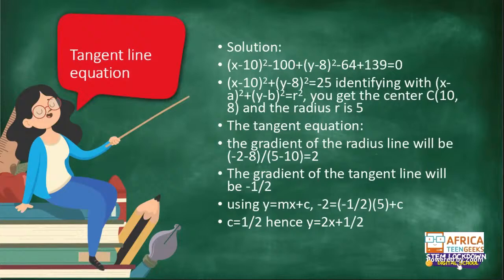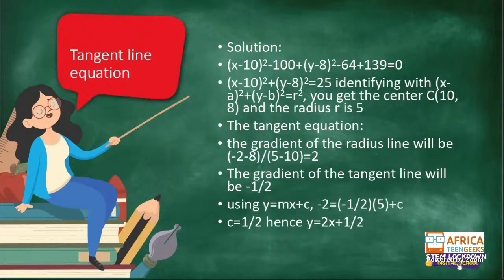And once we raise 10 to the power of 2, we have added 100, so that's why I put negative 100 to just go back to x squared minus 20x. So we go back to y, we also have (y minus 8) all squared. Now you're going to see that we had minus 16y plus 64. Therefore, it means that we have added 64 and we have to remove it. That's why I wrote negative 64. So plus 139 equal to 0.